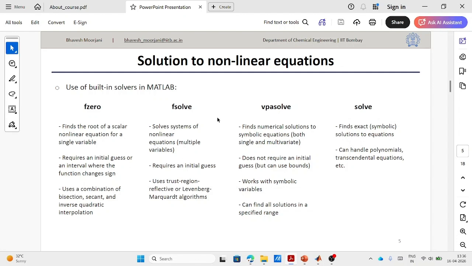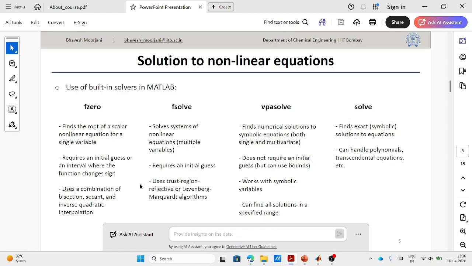So mainly we will work with fzero and fsolve, where we learned that fzero is a single variable problem solver, while fsolve is the multivariable problem solver, right? So fsolve uses multivariable methods such as the trust region method or the Levenberg-Marquardt method, while fzero uses a combination of bisection, secant, or quadratic interpolation, right?